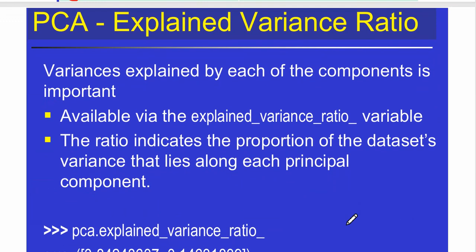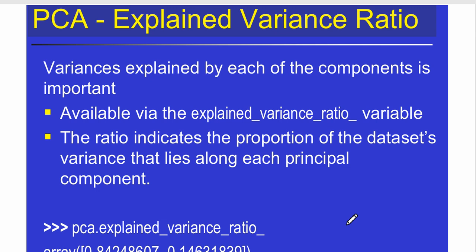Now the main question is: how many principal components are needed for the entire data set? Let us take a scenario. For example, we have n equal to 100 features, and I choose the number of components equal to 3.